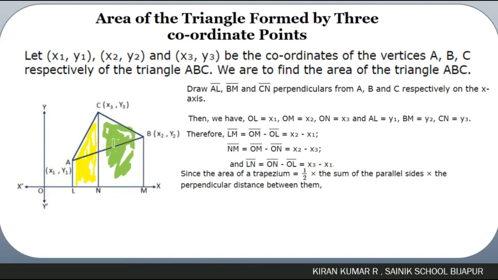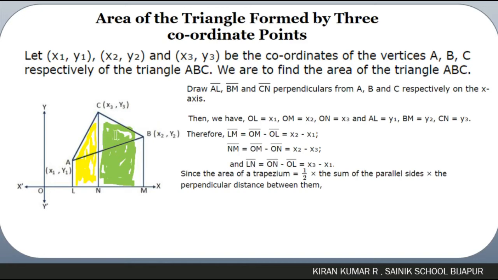For these two trapeziums, we can make use of the formula half into the sum of the parallel sides multiplied by the perpendicular distance between them. When we add these two trapeziums, we have the area of the triangle included in that.